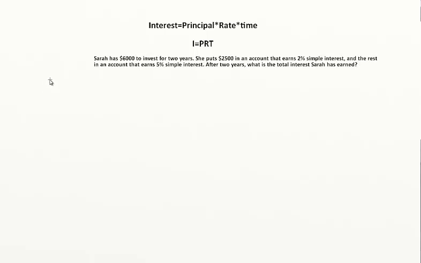So for this problem, we're going to have the interest, which I'll denote as I, interest from the 2% account plus the interest from the 5% account is going to be her total interest because we have two different accounts.